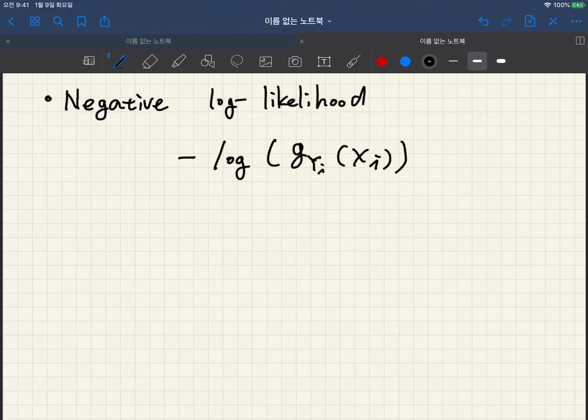So that's why minimizing the negative log likelihood value can train your network so that it correctly classifies your input. We usually sum up the negative log likelihood value from the first data point to the last when there are n data points.